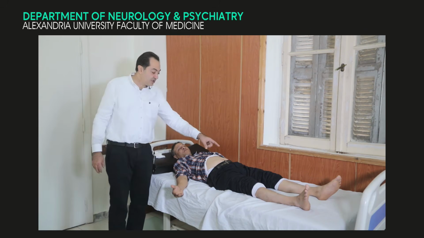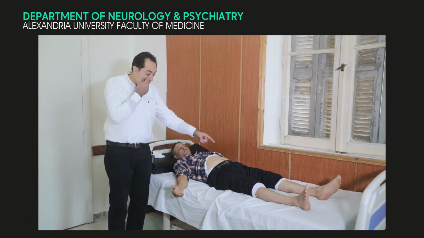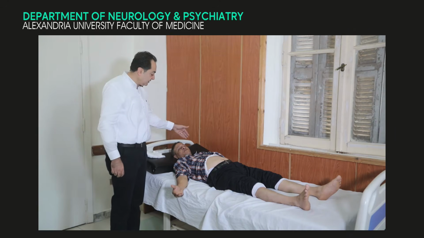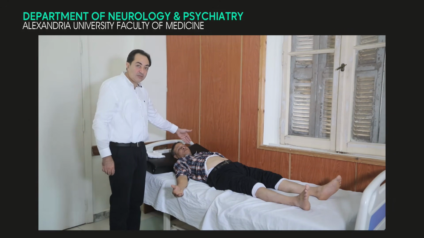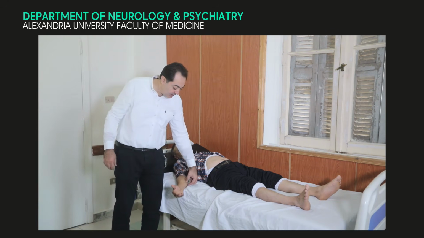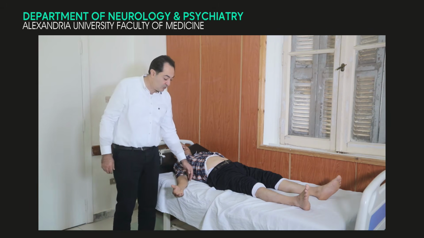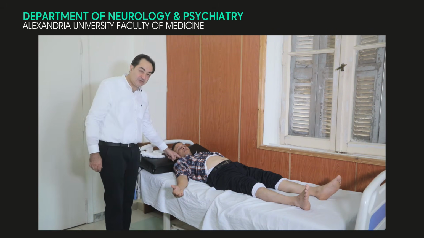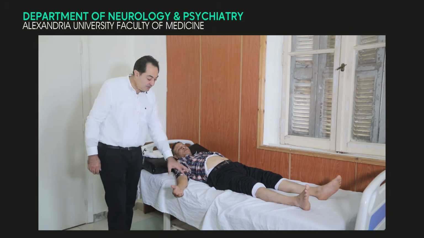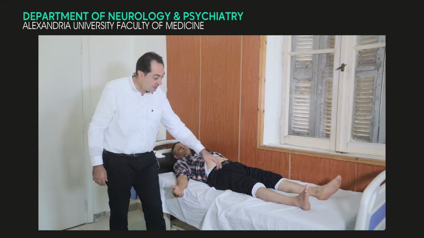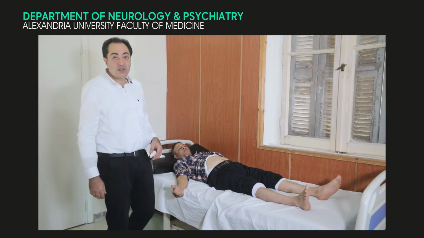If I have an affection in one side plus the face, the affection usually is in the internal capsule of the other side. If the affection affects only the area of C8, for example, this is a radical, so the affection is in the root of C8. If the affection is glove and stocking, this is a peripheral neuropathy.